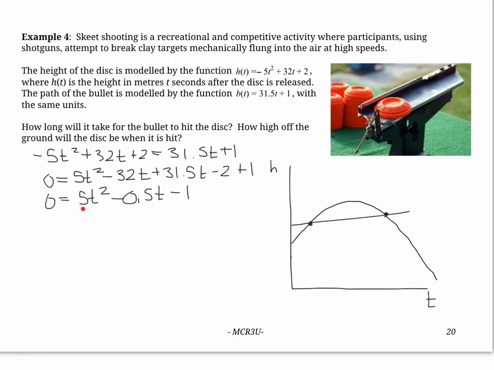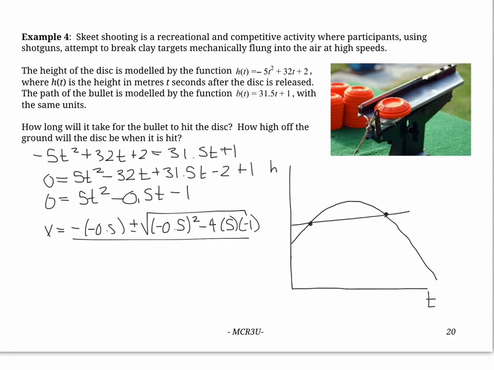We want to check the solutions to this, not the number of solutions. The question says exactly how long will it take for the bullet to hit the disc, so I want the actual t value. I don't want to factor this because there's a decimal in it, so I'm going to use the quadratic formula. Negative b plus or minus the square root of b squared: negative 0.5 squared minus 4 times 5 times negative 1, all over 2a, 2 times 5.